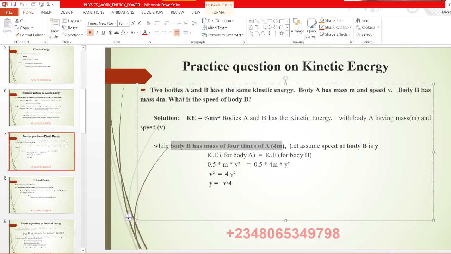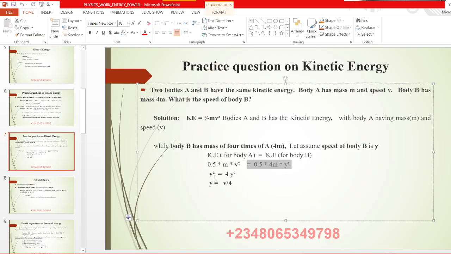So let's assume that the speed of body B is y, for clarity's sake. Kinetic energy is half times mass times velocity squared. That is the kinetic energy for A. And the kinetic energy for B is half, which is 0.5, multiplied by the mass, which is 4m, multiplied by the speed we have now assumed, which is y squared.